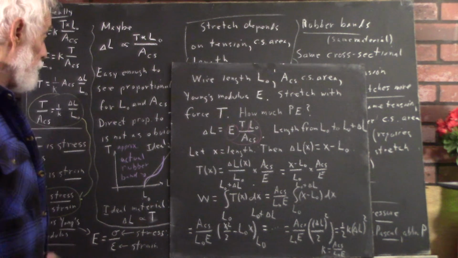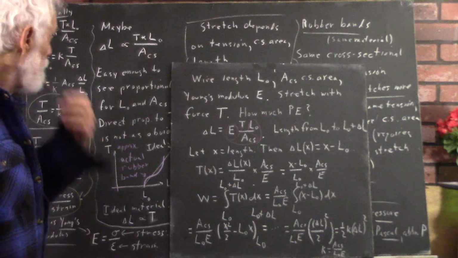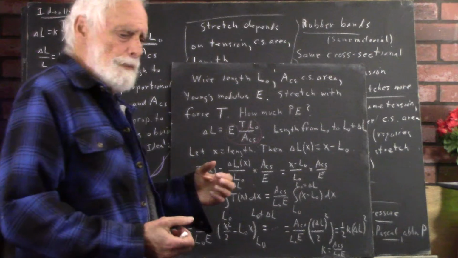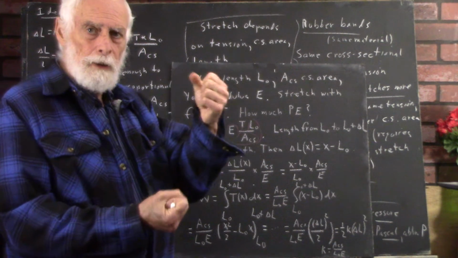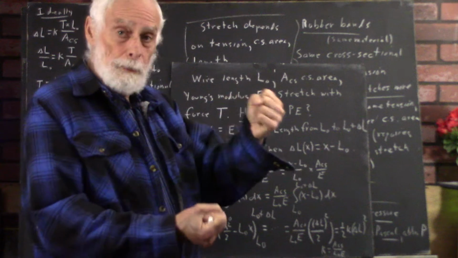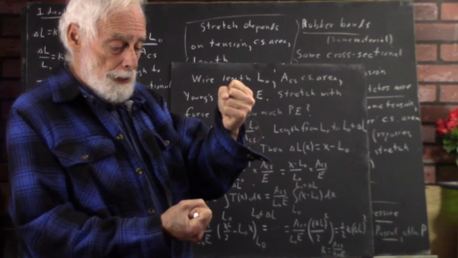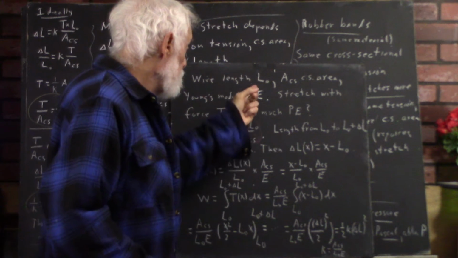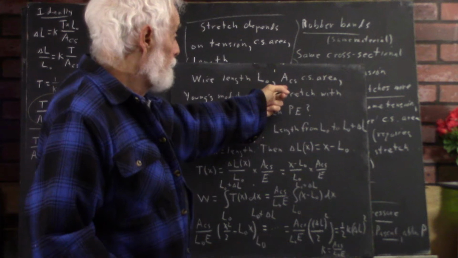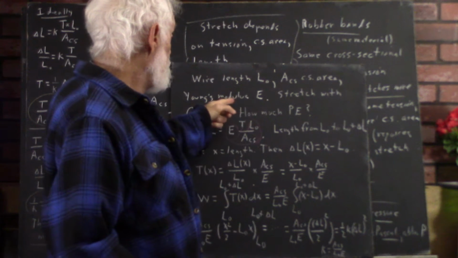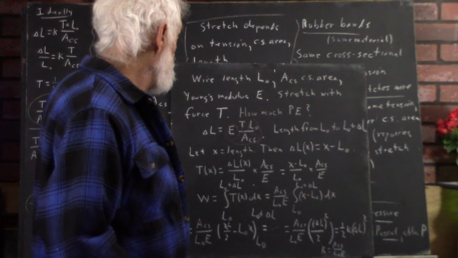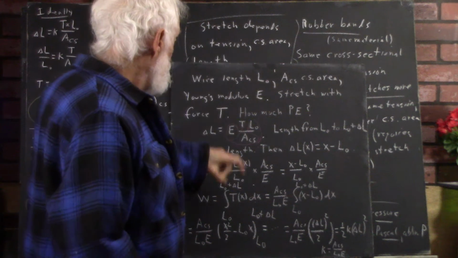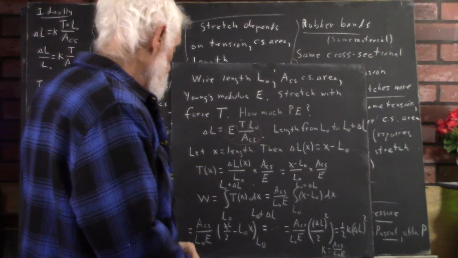We defined stress, we've defined strain, and now we want to consider how much energy it takes if we have a wire at its fundamental length, its unstretched length, and stretch it with a tension T. So we've got a wire, let the length be L naught, the cross-sectional area be ACS, and let Young's modulus be E. Then we stretch with a tension T. How much change in potential energy?